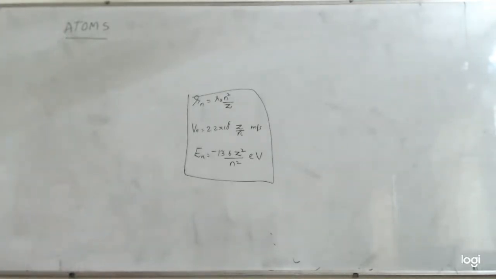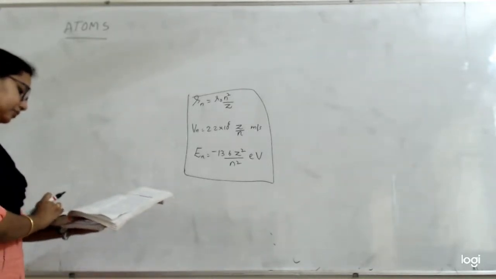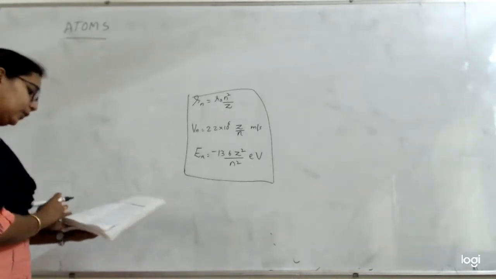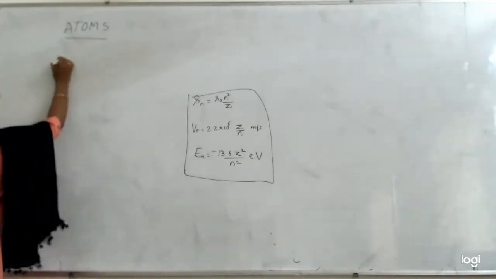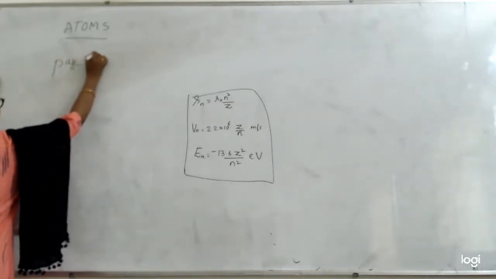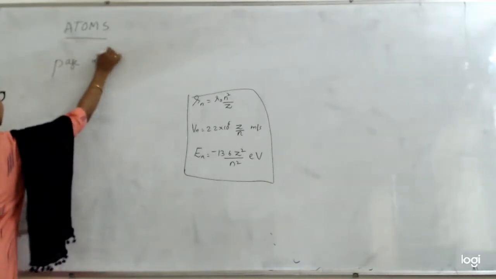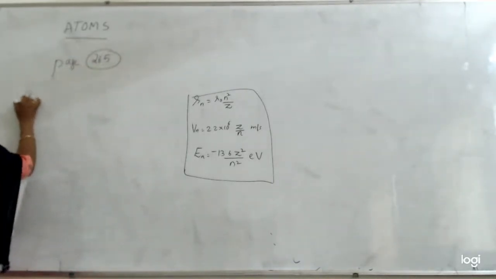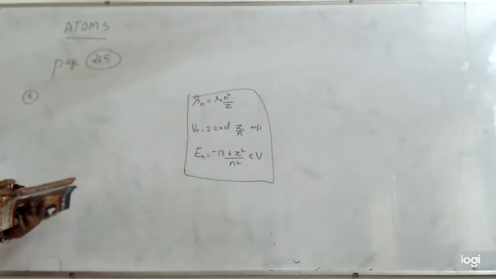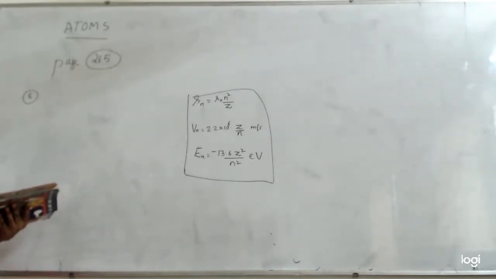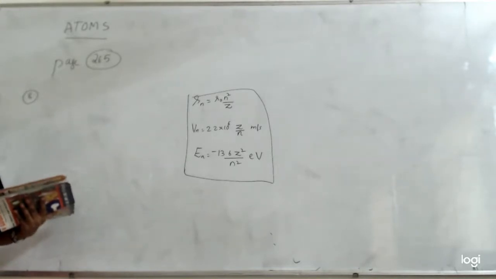In our material, page number 265, question number 8. They are given here: the energy to remove the electron from a singly ionized helium is 2.2 times the energy required to remove an electron from a helium atom.